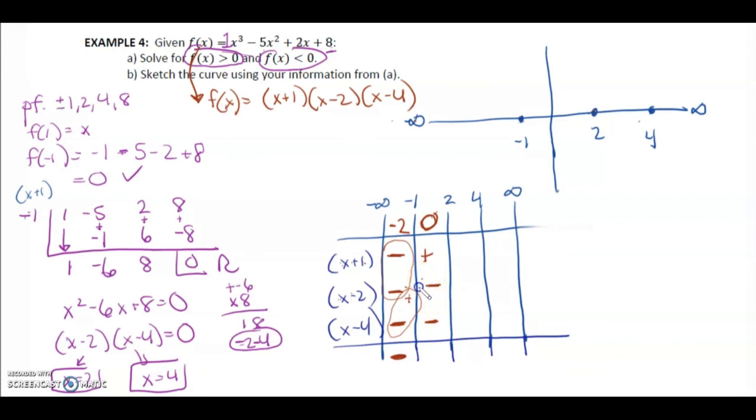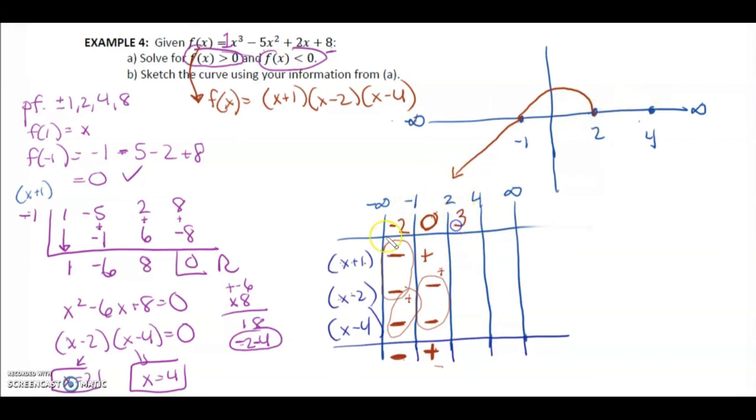Okay, so these two negative signs yield a positive, and a positive positive yields a positive. So just starting this graph, we're going to be under the x-axis between -infinity and -1, over the x-axis between -1 and 2.